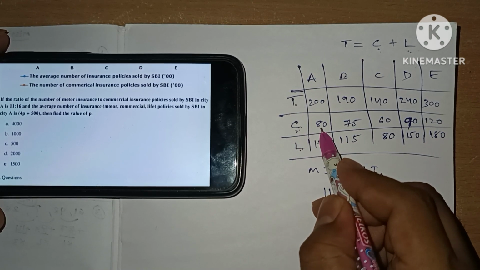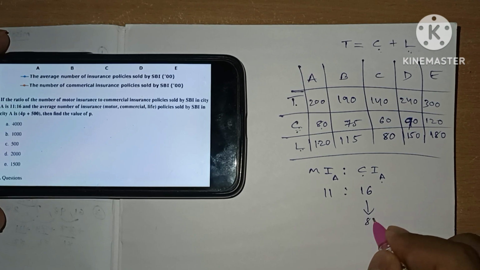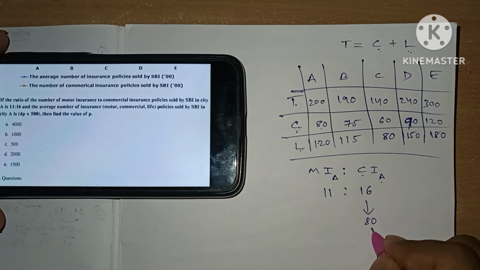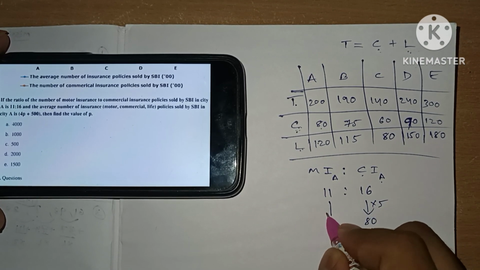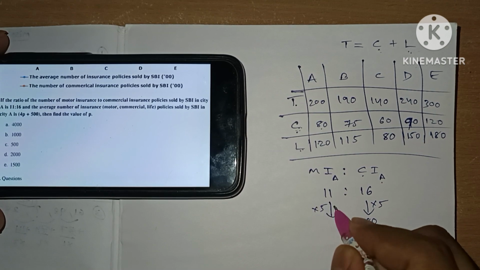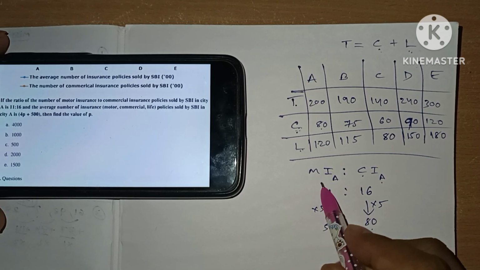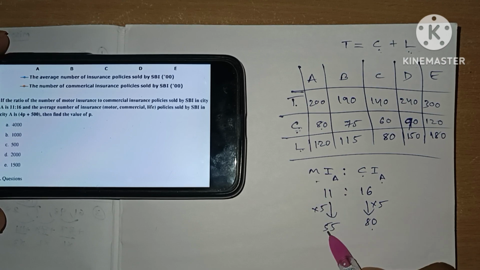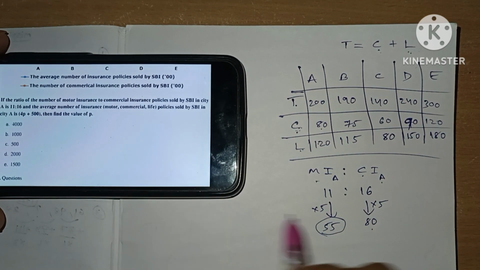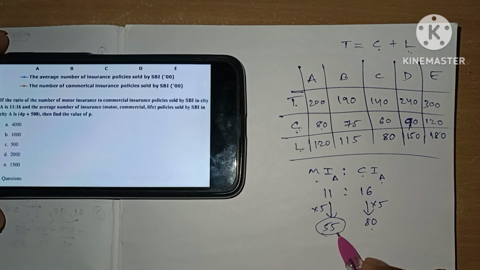Commercial policies of city A is 80, so the 16 parts value is 80, which means 5 times. The motor insurance policies must also be 5 times, which is 55. So we got the value of motor insurance policies, 55 and double zeros, as these are all in hundreds. So the motor insurance policies is 5500.